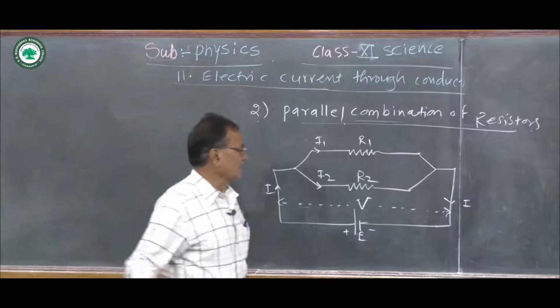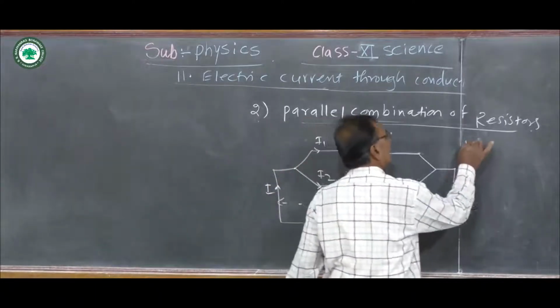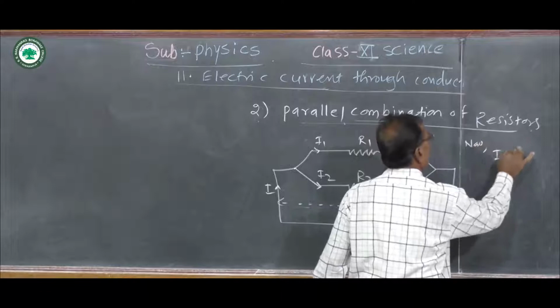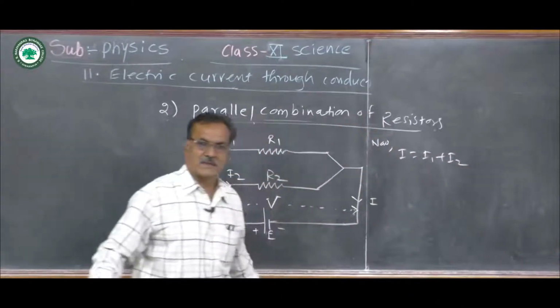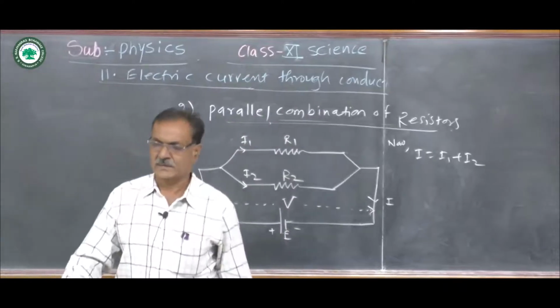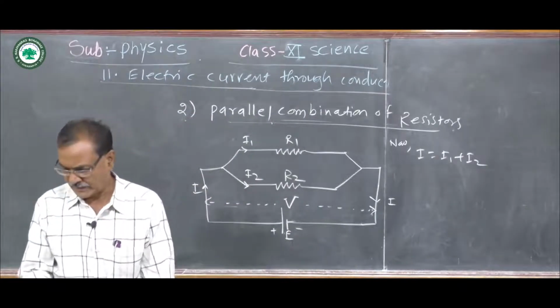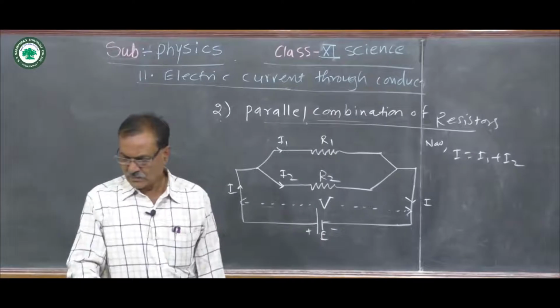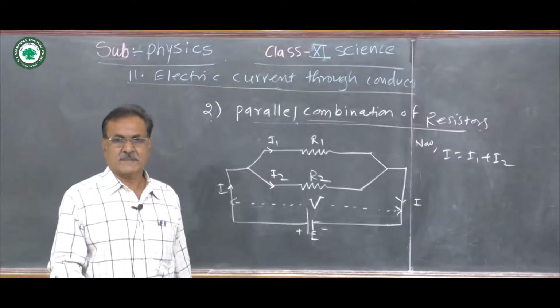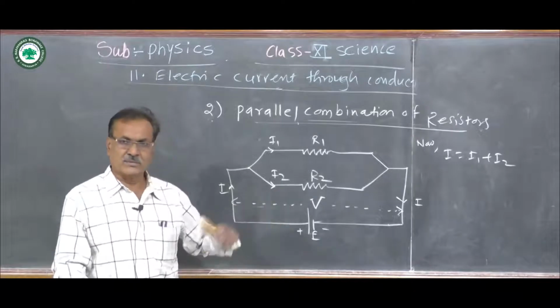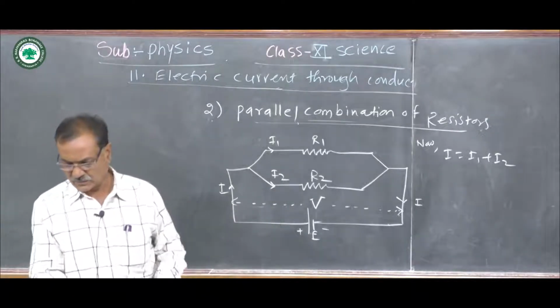So we can write I equals I1 plus I2, that is the total current I divides into two branches, I1 flowing through R1 and I2 flowing through resistor R2.